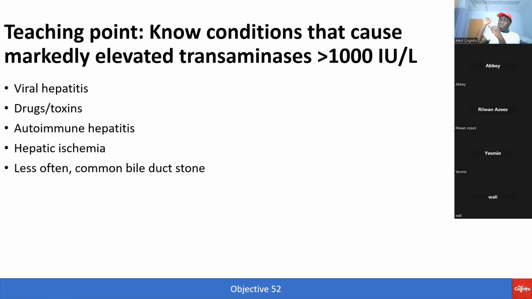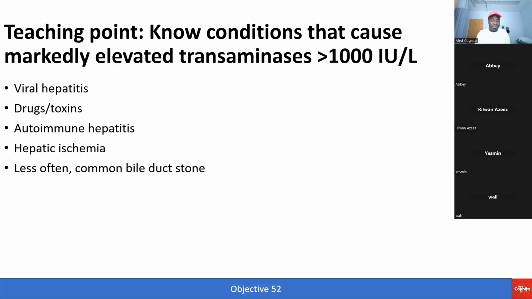Viral hepatitis, so hepatitis B, hepatitis C, acute fulminant hepatitis, drugs like acetaminophen poisoning, autoimmune hepatitis, hepatic ischemia, and less often patients who have bile duct stones.